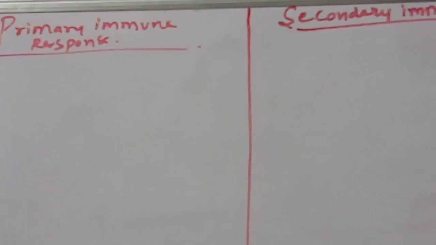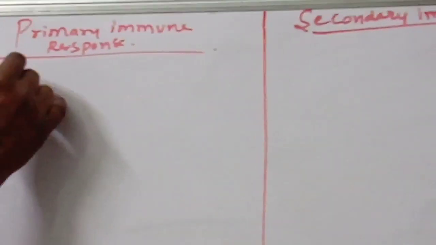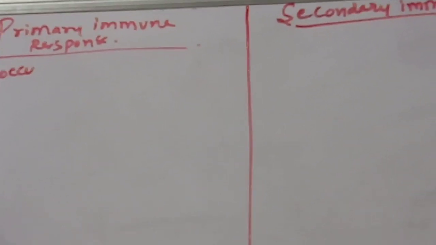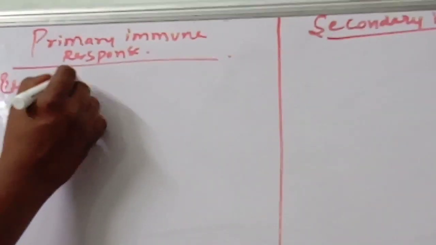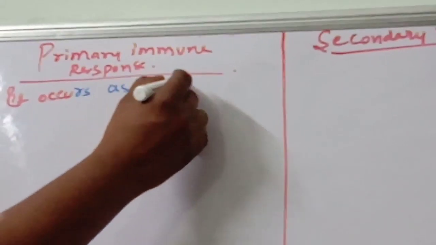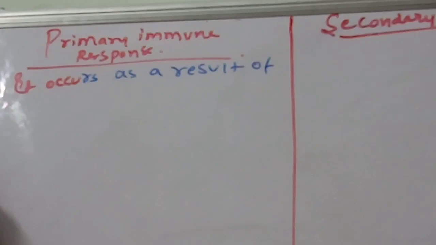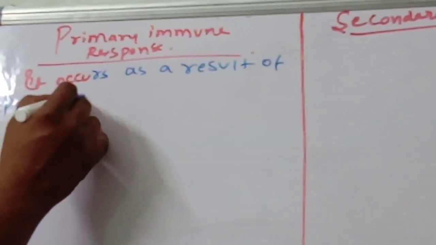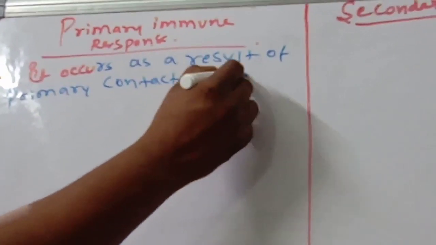First point, very important: it occurs as a result of primary contact with antigen.